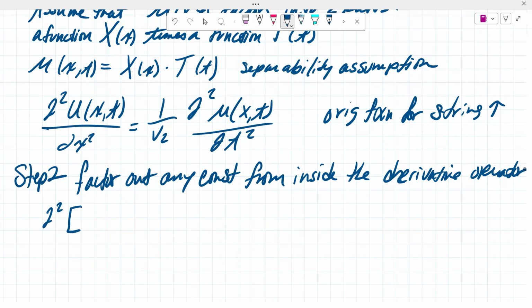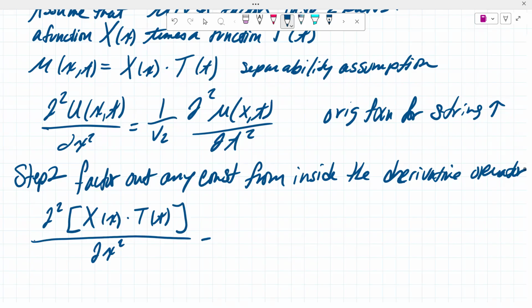So here we have this of u of x and t, but now I have a definition of u of x and t, which is X of x times T of t, like so. I'm going to put those in the square brackets just so I remember that I substituted something in. It's very easy for me now to see where I substituted something.